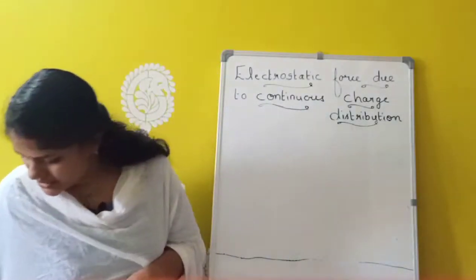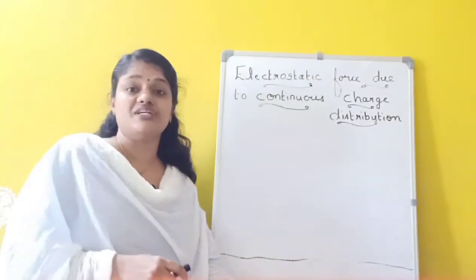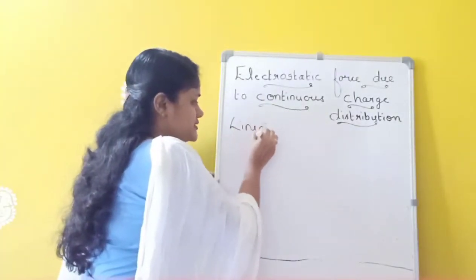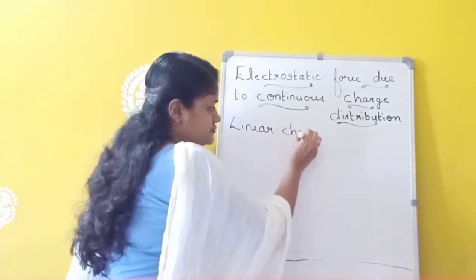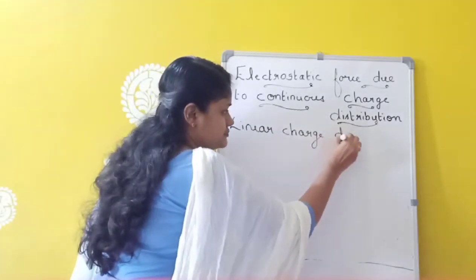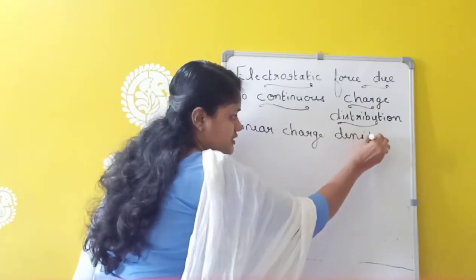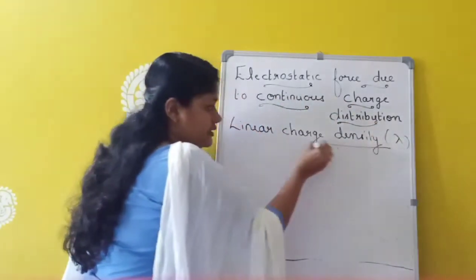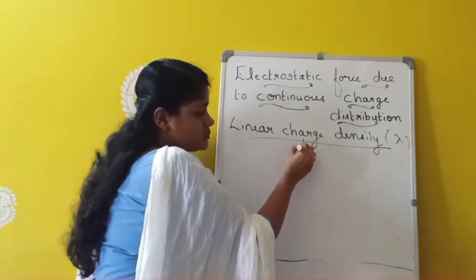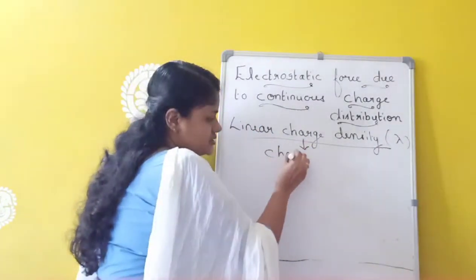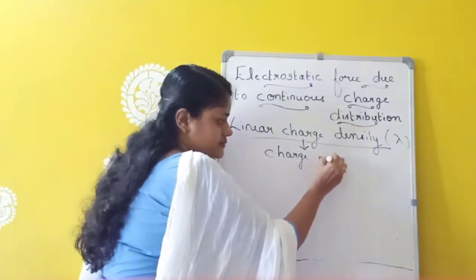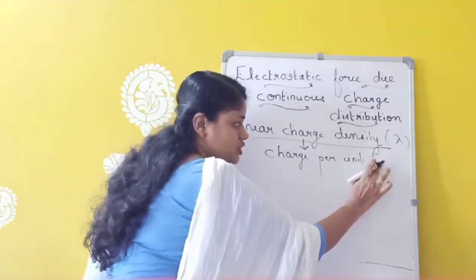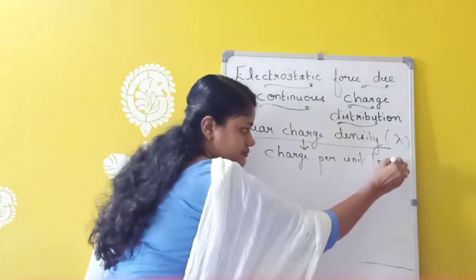In linear charge distribution, first of all we can study what is linear charge density. Linear charge density symbol is lambda. It is defined as the charge per unit length of a conductor.